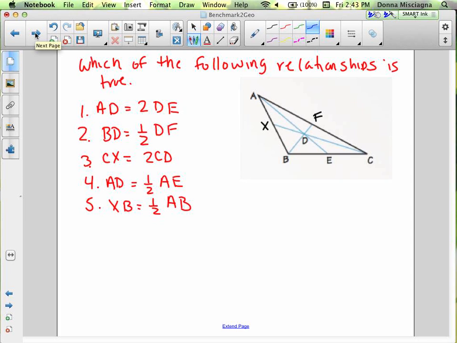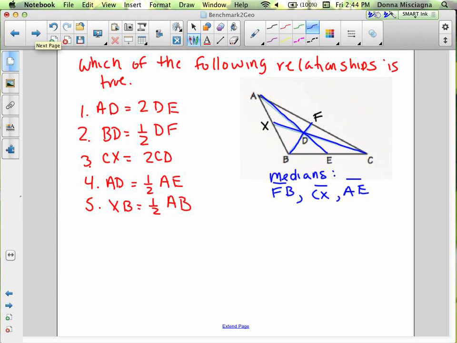So we have the three medians: FB, CX, and AE. They go from the midpoint to the vertex. These are the three medians.